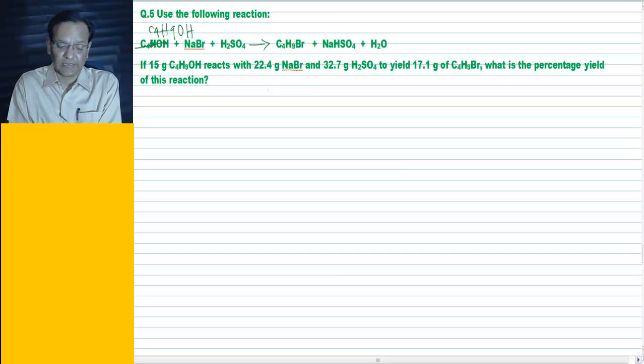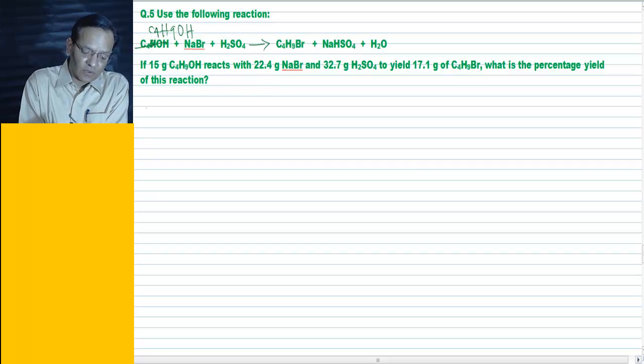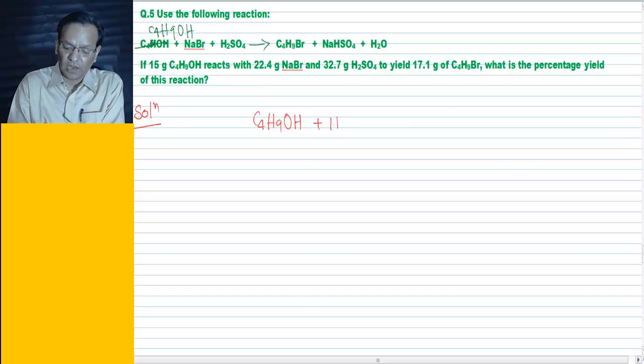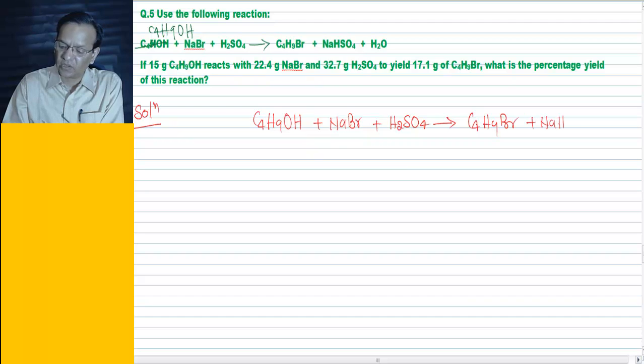Now we have three reactants. Let us work out. C4H9OH plus NaBr plus H2SO4 giving C4H9Br plus NaHSO4 plus H2O.